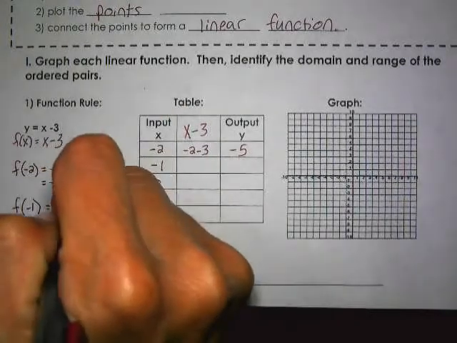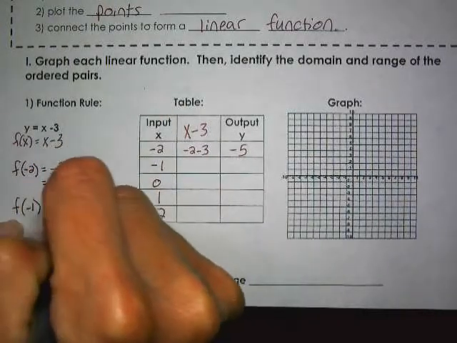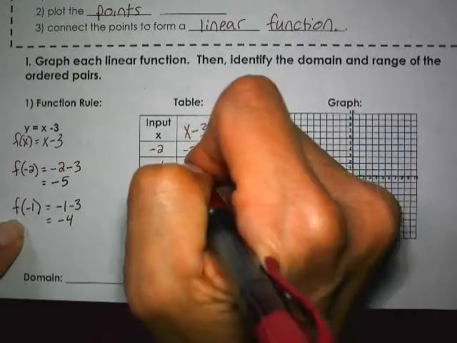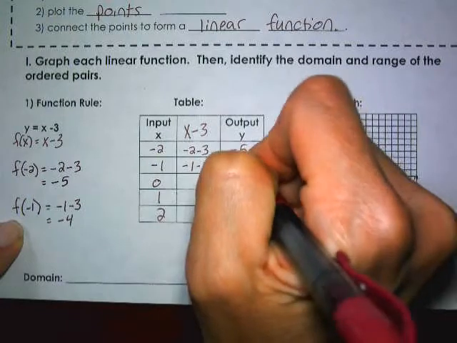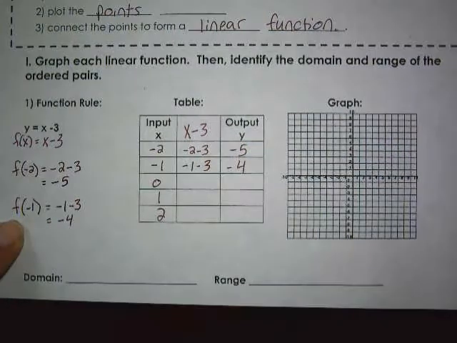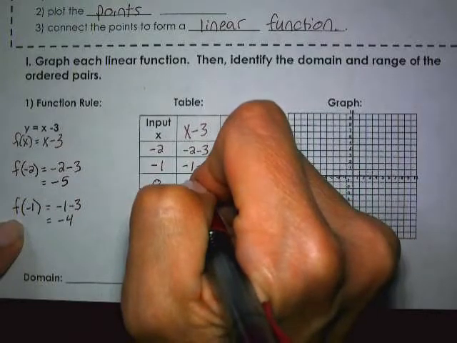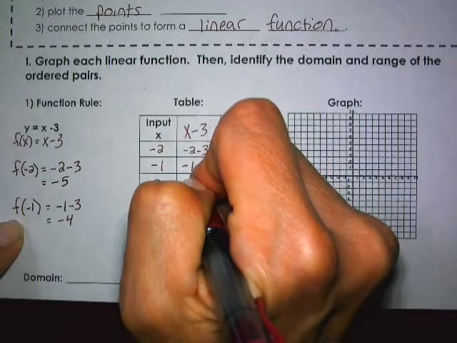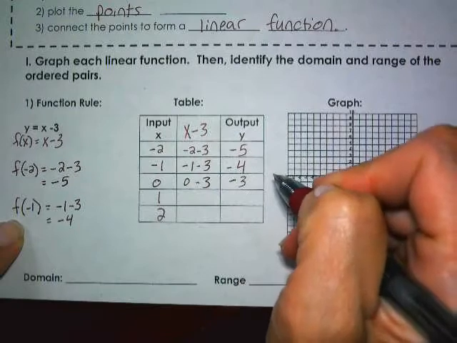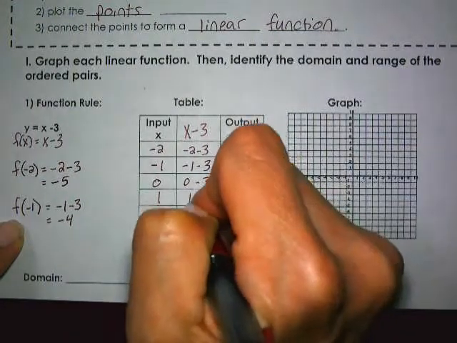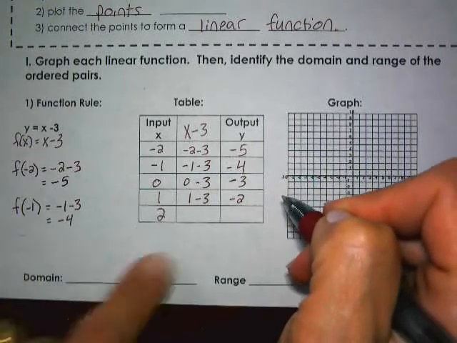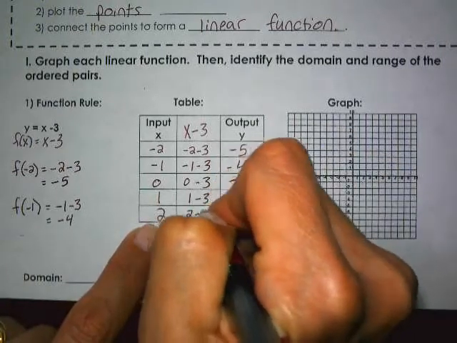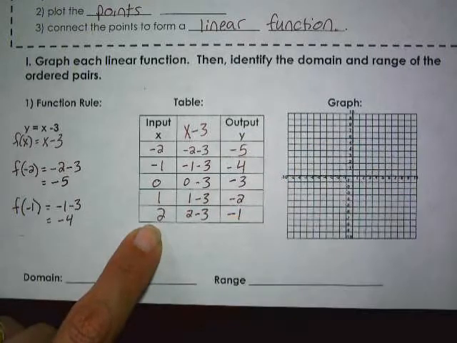So -1 minus 3, we get -4. f of 0, we get -3. f of 1, 1 minus 3 is -2. f of 2, 2 minus 3 is -1.